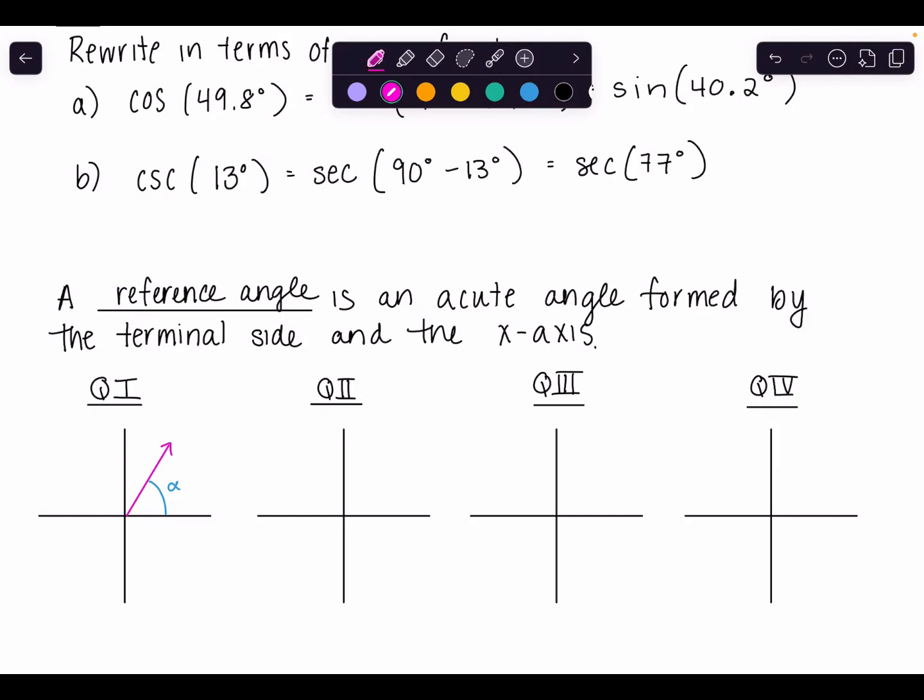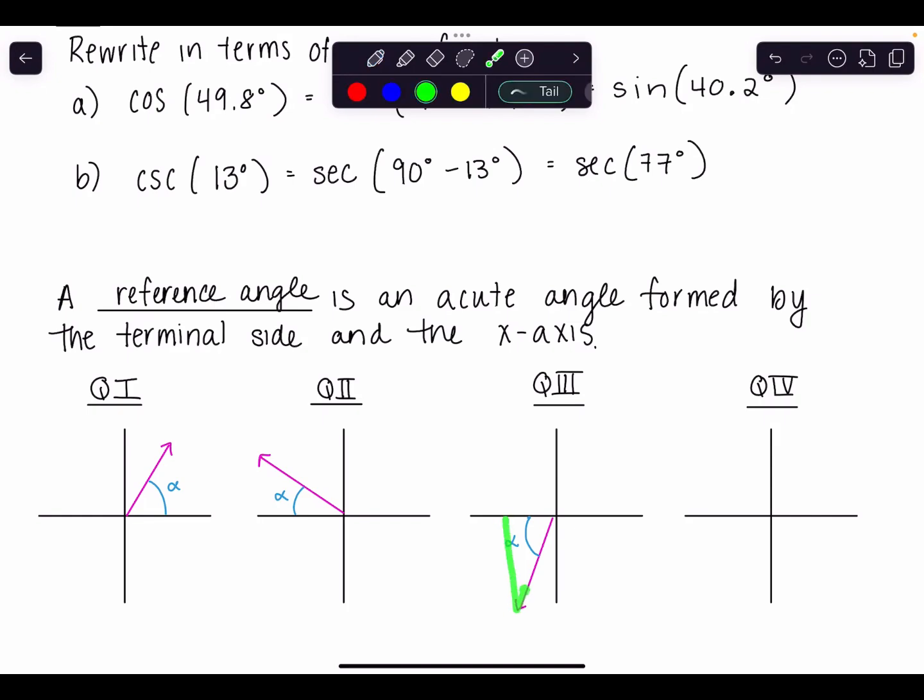Let's call it alpha. If our angle ends in quadrant 2, your actual angle might be here. It could also be flipped all the way around. But your reference angle you're going to use is whatever this angle is right here. So it's formed with the x-axis. If you land in quadrant 3, the angle I'm really going to be concerned about is this one right here.